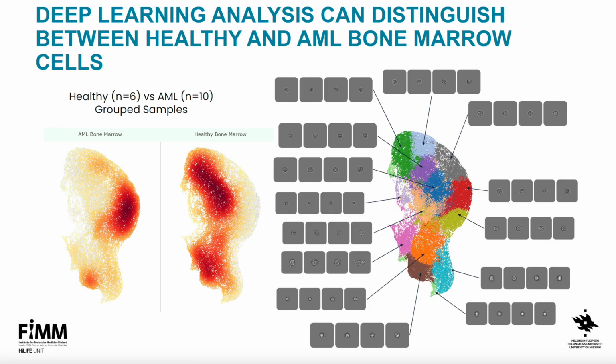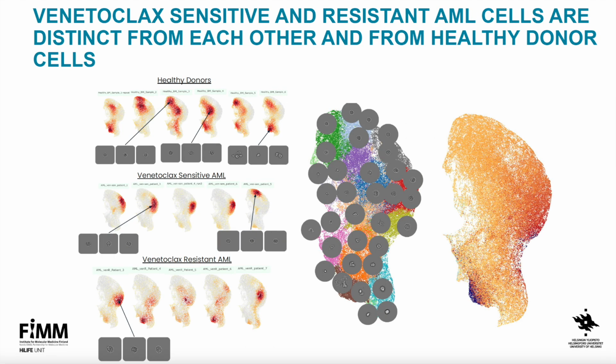You see this nice tight cluster of AML cells compared to the healthy bone marrow cells, which are much more diverse and represent the many different clusters that were detected using the Human Foundation model.